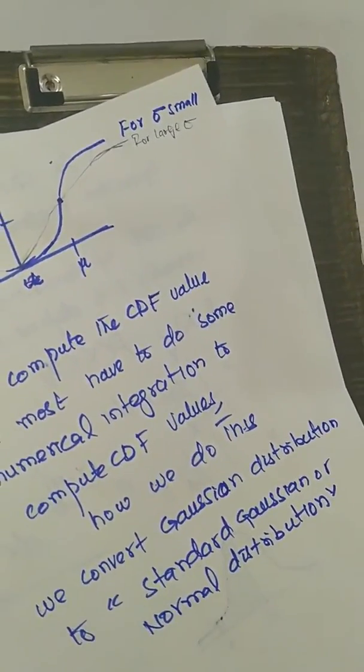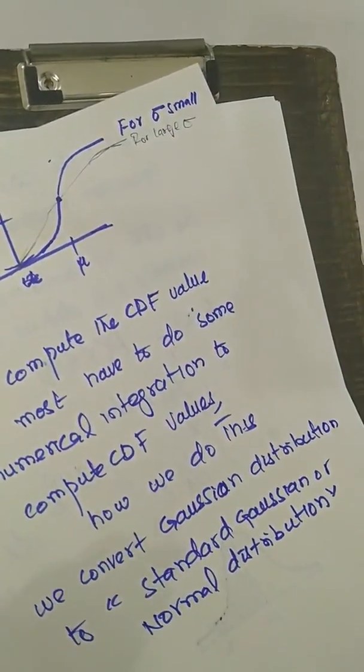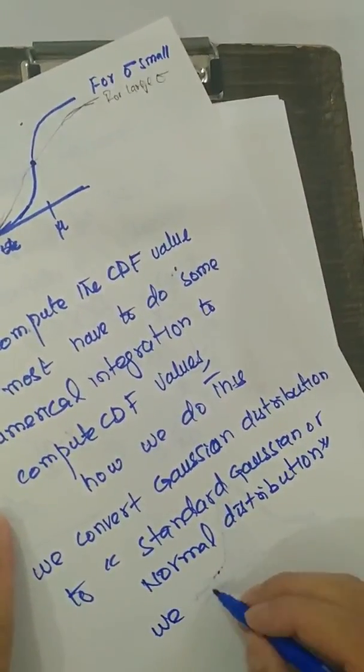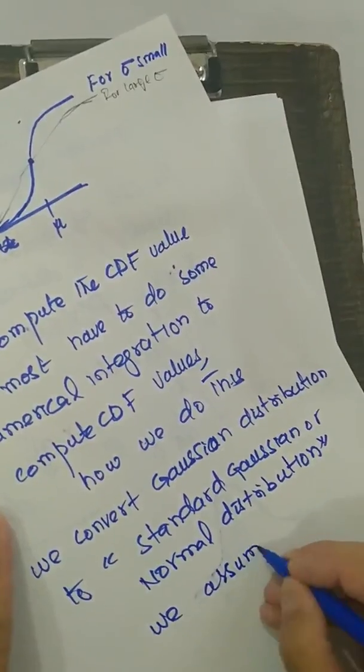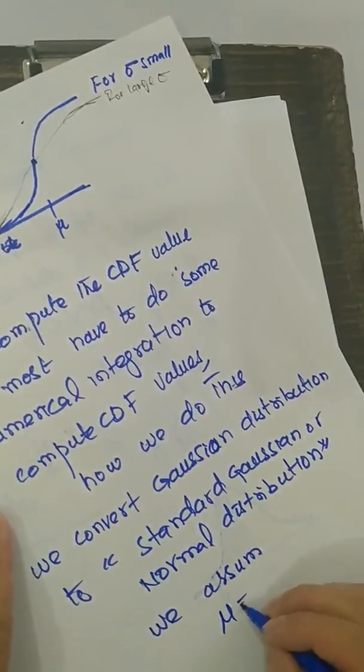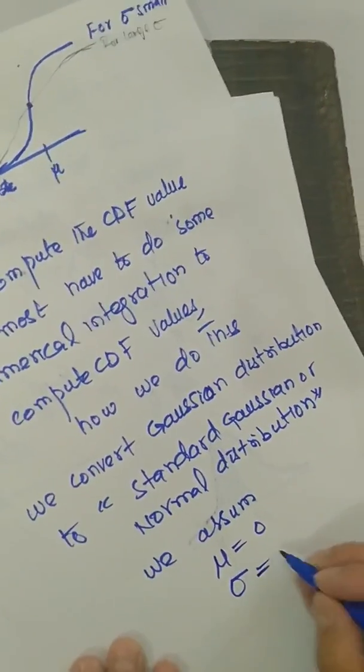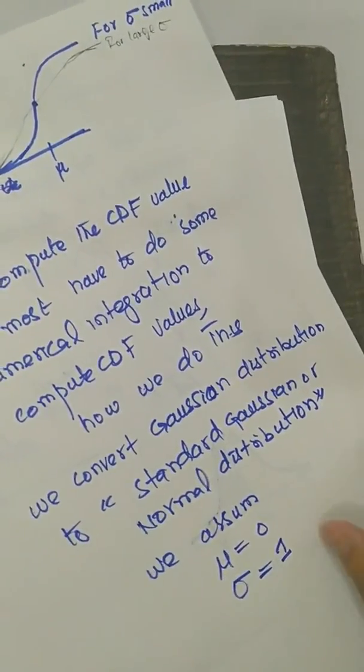The definition of the standard Gaussian distribution is that we assume mean mu is 0 and its standard deviation is 1.